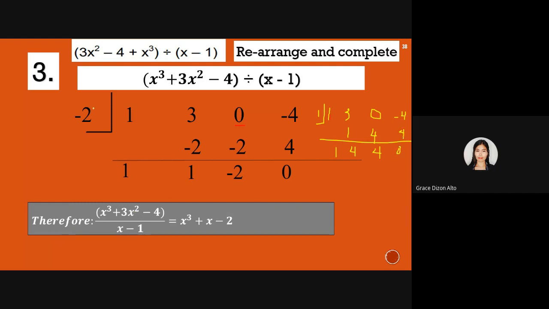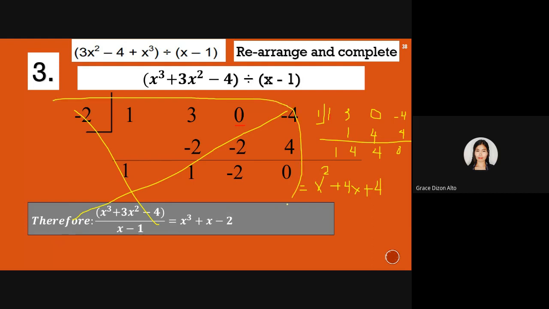So our quotient is x squared plus 4x plus 4. Okay, so we will disregard this solution because this is wrong.